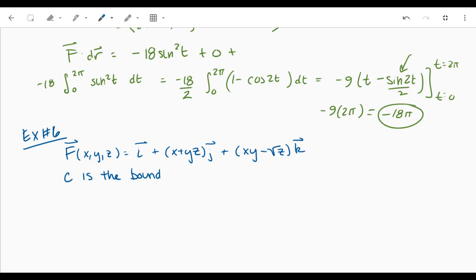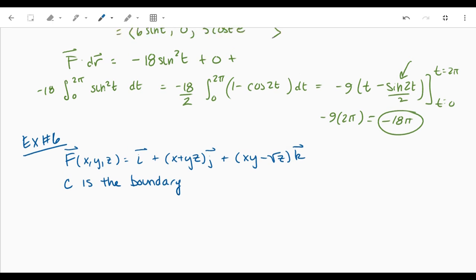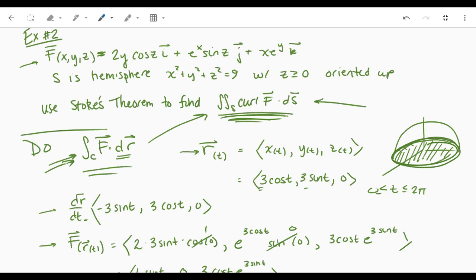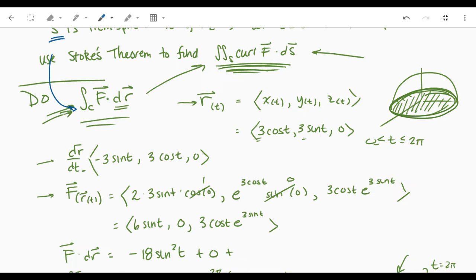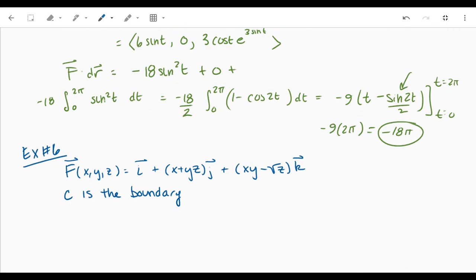And again, in the previous one, they gave you S. So they gave you the surface, and then we had to figure out what C was, which was the boundary. Now they're giving us the boundary.